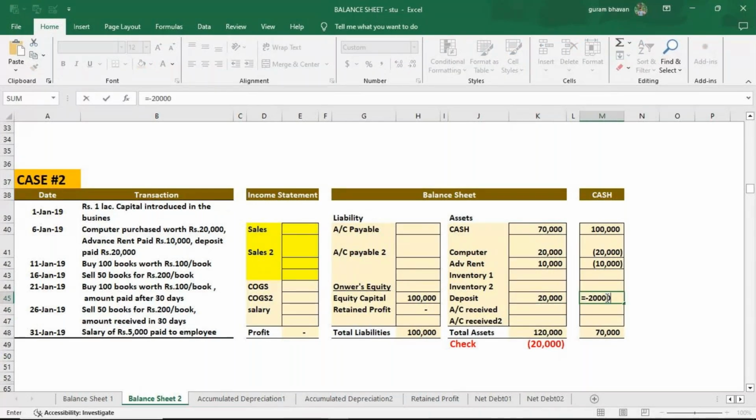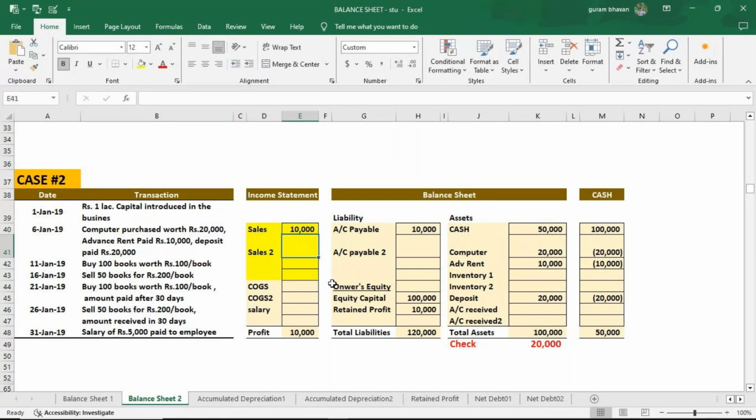Then bought 100 books worth 100 rupees, so payable equals 100 into 100. Sold 50 books at the rate of 200 per book, so sales equals 50 into 200.